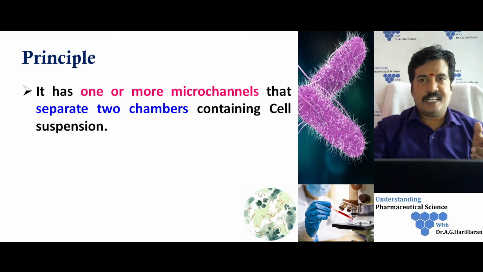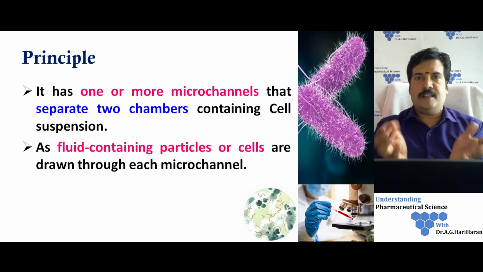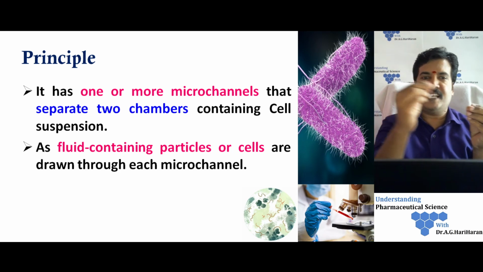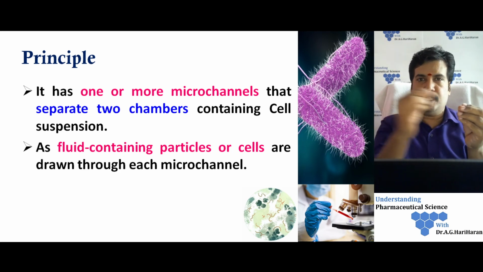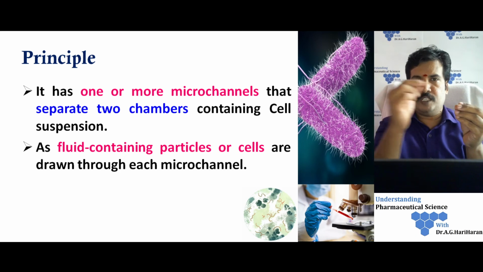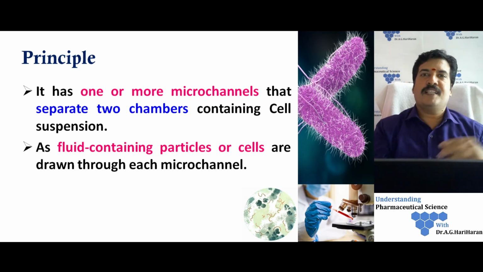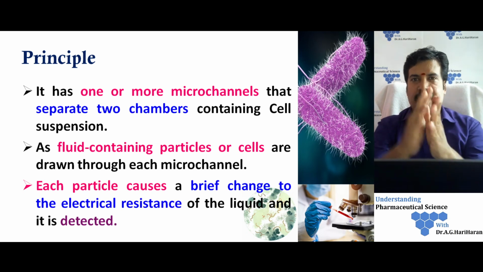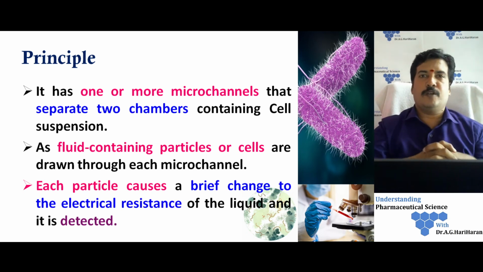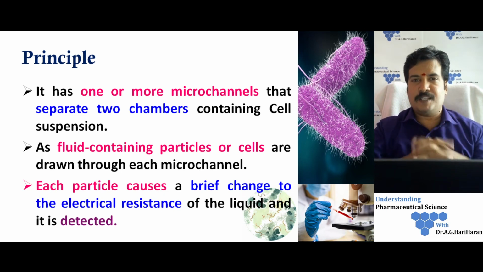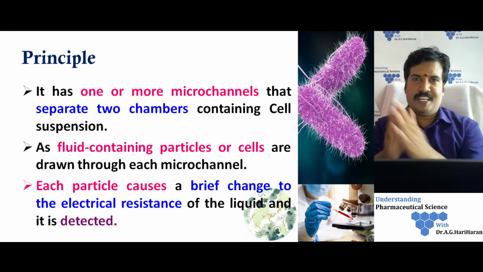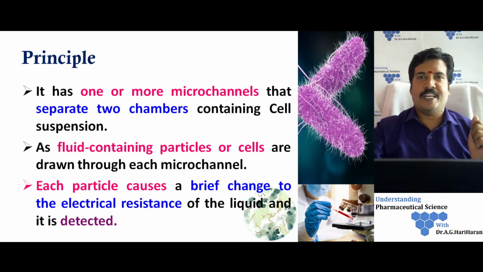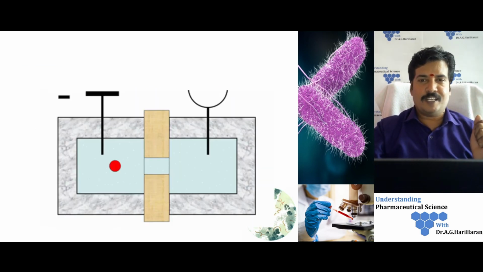Once the cell suspension is in the outer chamber, the particles move into the inner chamber. Through this orifice, through this micro channel, an electrical resistance is produced. This electrical resistance is converted into the counting of the number of particles. This was the basic principle of how the measurement has been designed. In this picture you can see it.